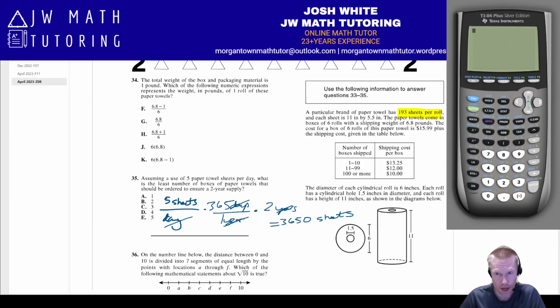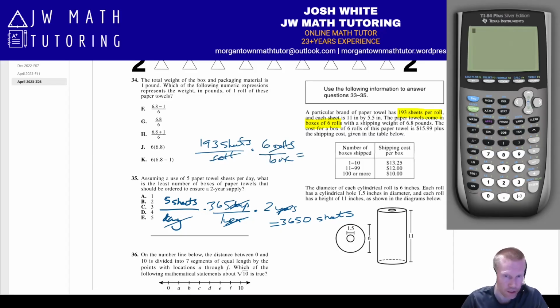The boxes have 6 rolls. So if we take 193 sheets per roll, and there are 6 rolls per box, rolls cancel out, so we just multiply this. We have 1,158 sheets per box.